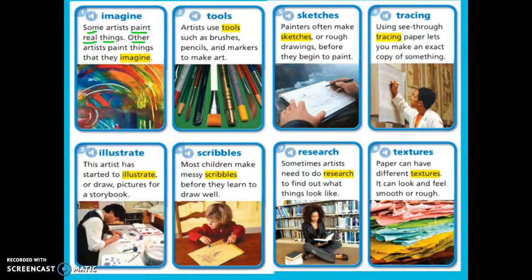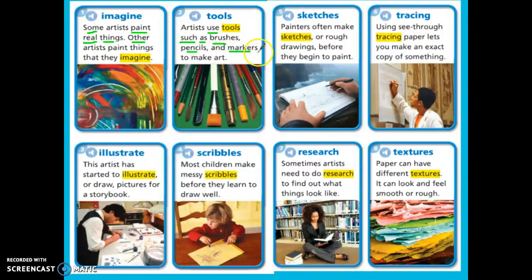Number 2 is tools. Artists use tools such as brushes, pencils, and markers to make art. So again, as I look at the text, artists use tools. So these are something they use. And then they give us some examples. And I know these are examples because it says such as. Tools such as brushes, pencils, and markers to make art.